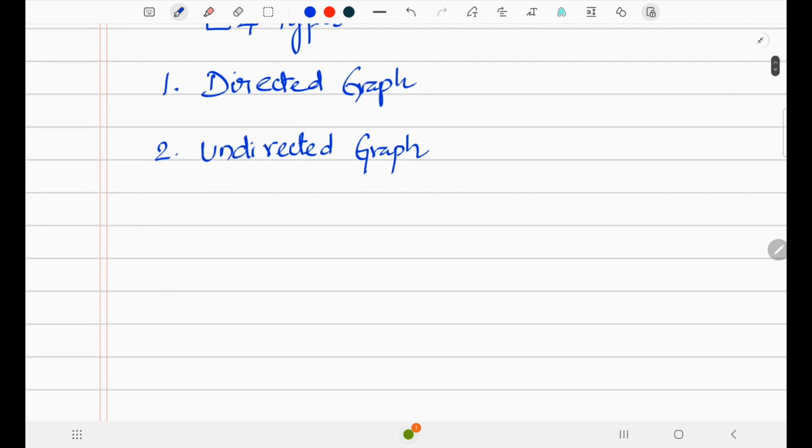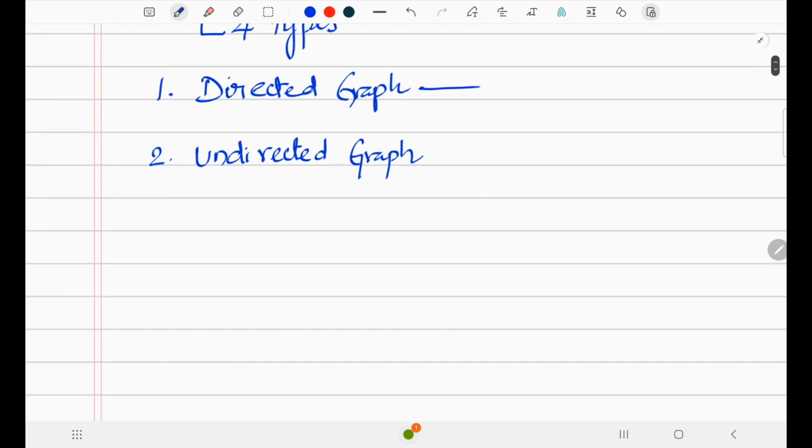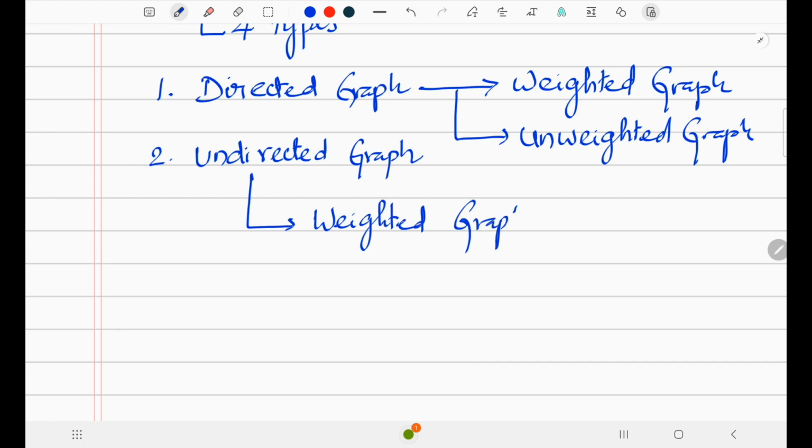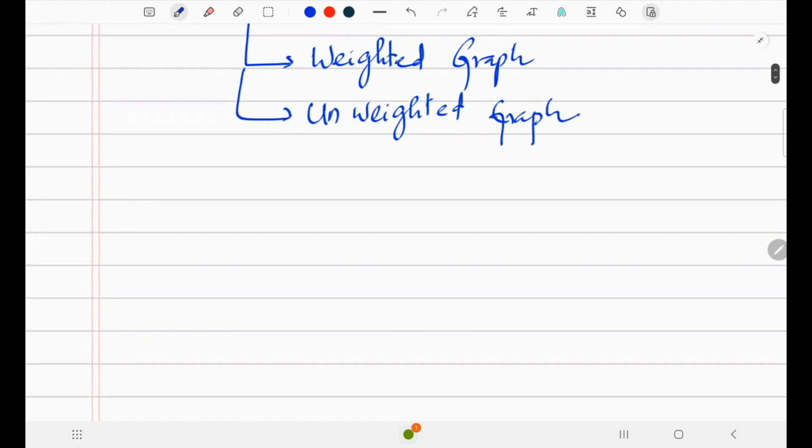In a directed graph again we have two types: weighted directed graph and the second one, unweighted graph. In an undirected graph we have again two types, same as above: weighted graph and unweighted graph. So these are the four types of graphs we have.